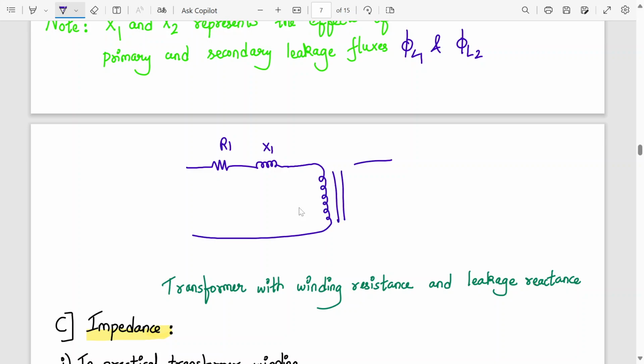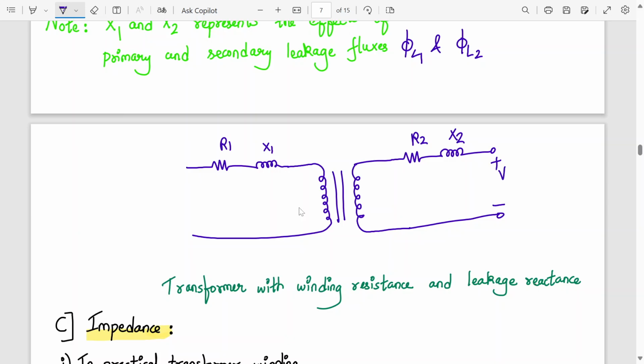This is the laminated core, then the secondary winding resistance and inductive reactance X2.